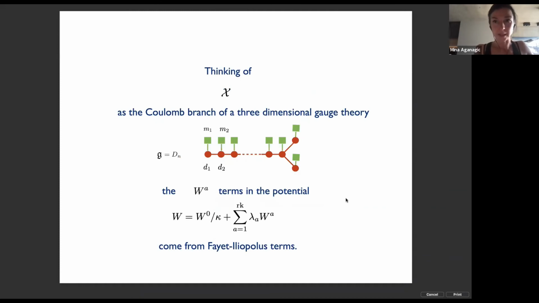And thinking of X as the Coulomb branch of a 3D gauge theory, these additional terms in the potential turn out to come from Fayet-Iliopoulos terms.